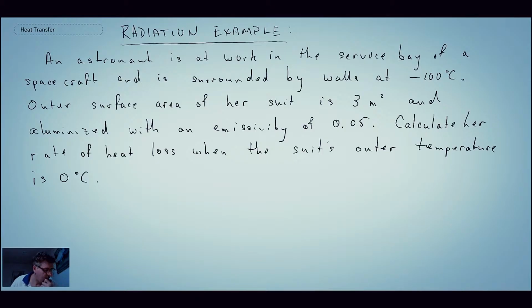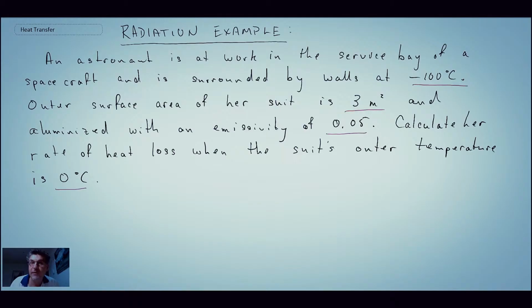Okay, so what we have is an astronaut sitting and working in the service bay of a spacecraft, and we're told that the astronaut is surrounded by walls at minus 100 degrees Celsius, and the area of the spacesuit of the astronaut is 3 square meters, emissivity is 0.05, and we're asked to calculate her rate of heat loss when the suit's outer temperature is 0 degrees C. So she would obviously be at a warmer temperature, and then there's conduction going through the suit.